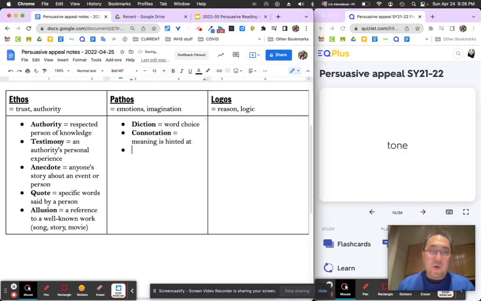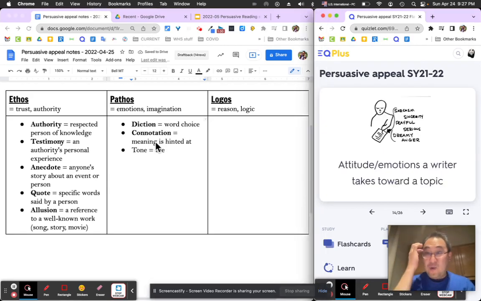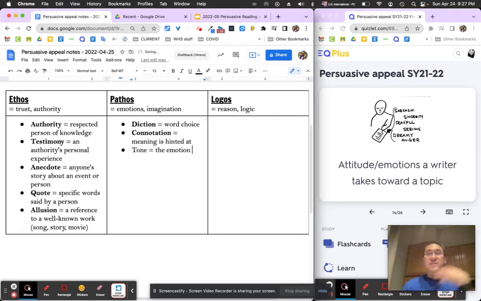The other thing is tone, the attitude or the emotion that's in our voice. I can say the exact same thing, but it can be harsh, or it could be any one of those six emotions we talked about: happy, sad, angry, scared, excited, tender. How I say it depends on tone, and it gives emphasis to the words.